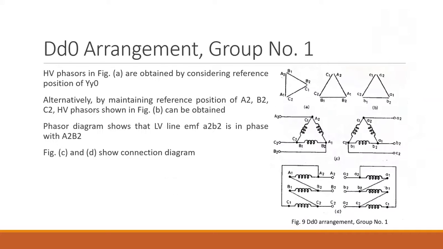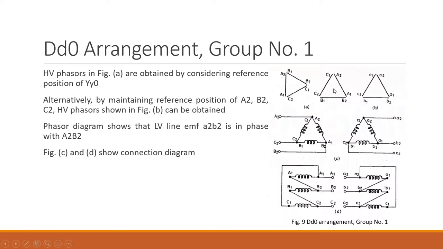We can consider another example, the DD0 arrangement, delta delta 0. We have seen the previous case for YY0. Considering that, you can draw a phasor diagram for this one. Otherwise you can keep the position the same.